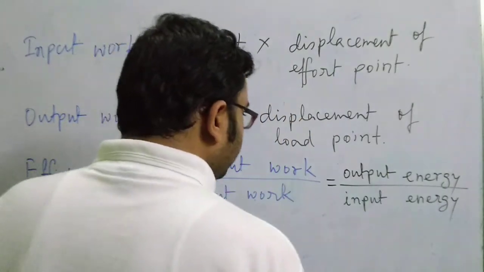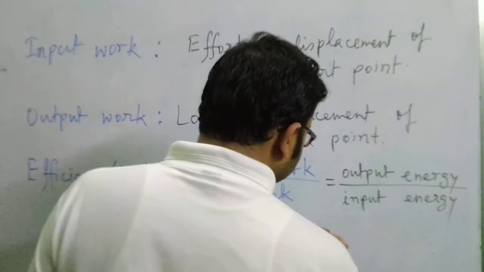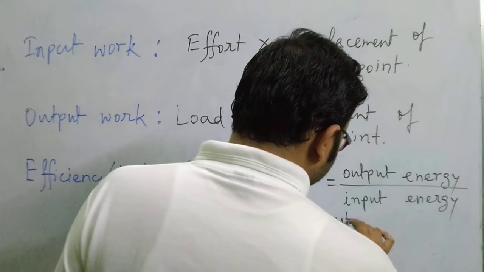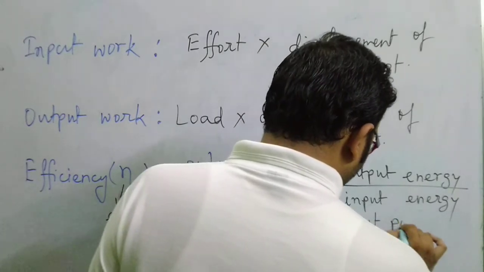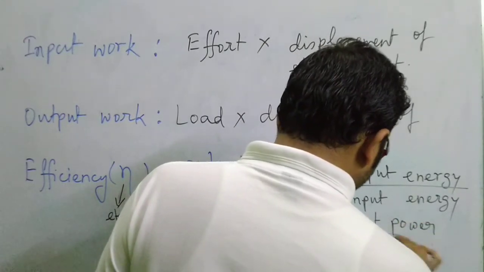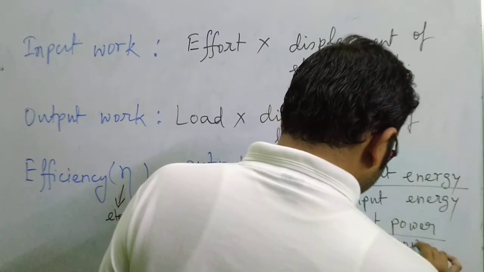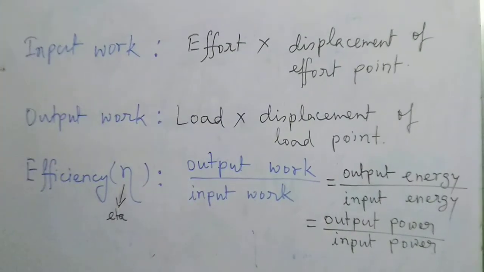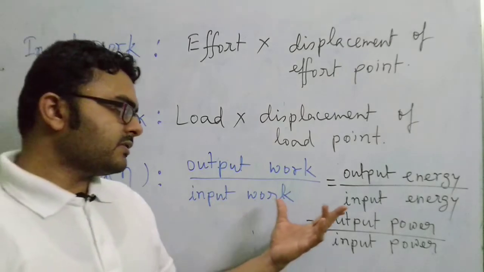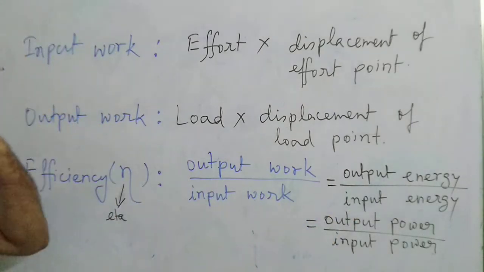Also we can define efficiency as output power by input power. So we can define efficiency in all these ways. And efficiency can be expressed in decimal or fractional quantities. Also it can be expressed in percentage. If we just multiply these quantities by 100, then we will obtain the efficiency in percentage.